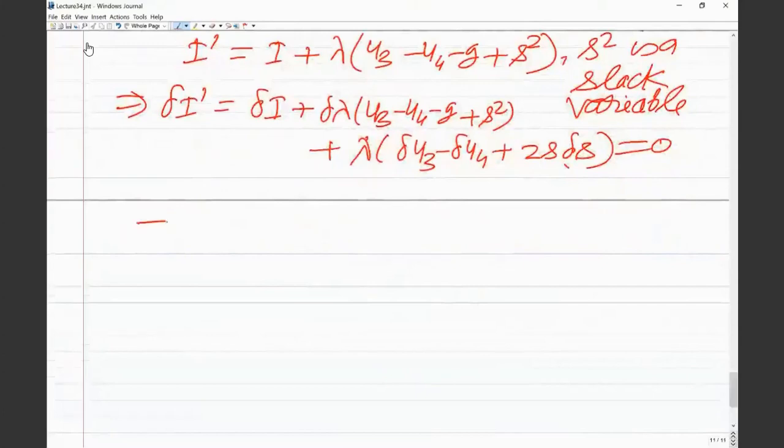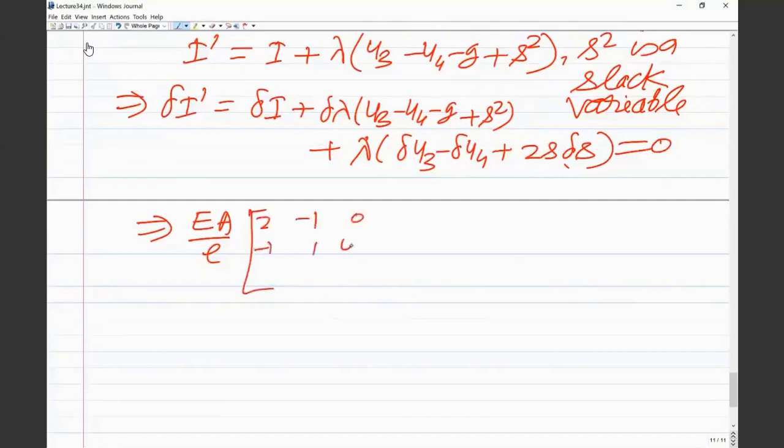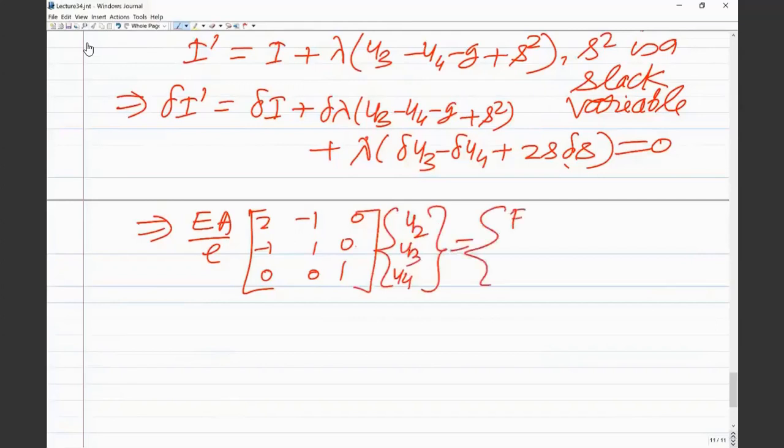So you will see that from this, if we want to get back our equations, we will have EA by L. Now again, you take the variation, take delta of u2, u3, u4 and delta lambda, the coefficient of each equal to 0, and you get these equations. So you get 2, minus 1, 0, minus 1, 1, 0, 0, 0, 1, and then you have u2, u3 and u4 equal to, the first three equations would be f, minus lambda, plus lambda.